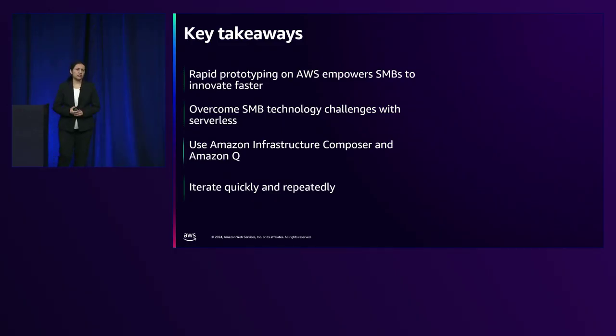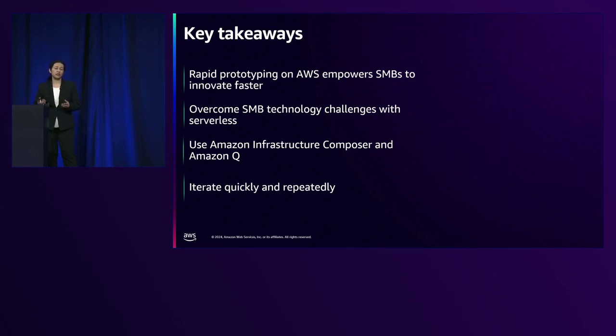Given the unique challenges and priorities of the SMB segment, rapid prototyping on AWS can help SMBs to innovate faster, leverage AWS serverless services to deliver value to your customers, address technology challenges, get the benefit of inbuilt security, scalability and high availability provided by serverless services, and improve operational efficiency by eliminating infrastructure management.